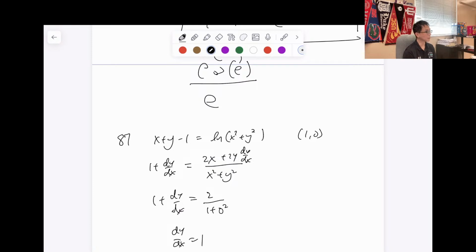You don't have to isolate the dy/dx inside before you plug in the 1, because y times 1 times 0 is 0. No, because 0 times anything is 0. If anything I can fade out, I will fade it out.